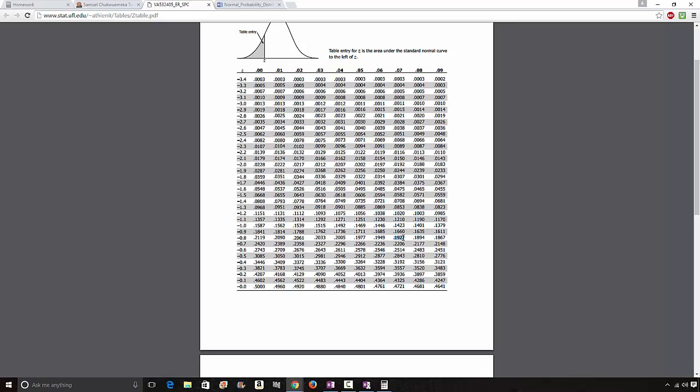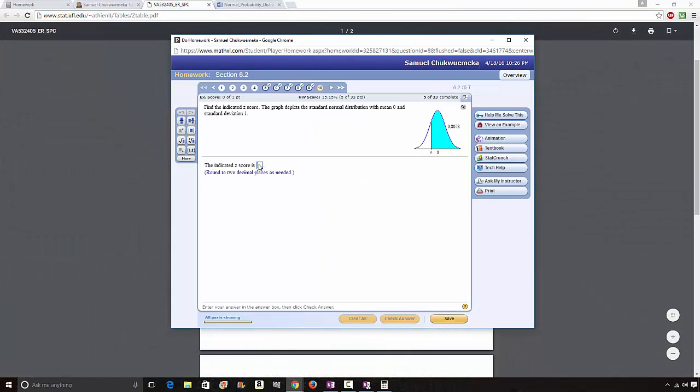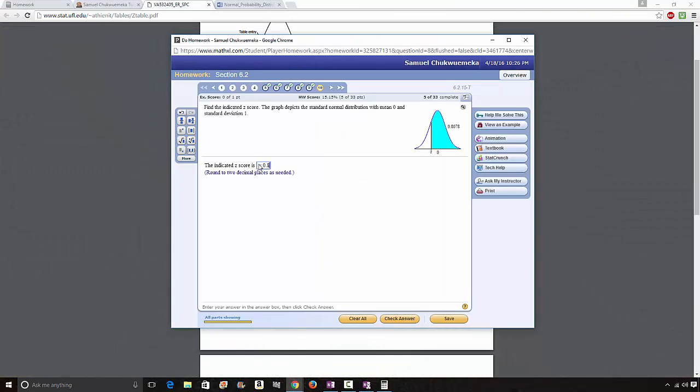There you go. It's right here. So it is negative 0.87. Okay, negative 0.87. That becomes our z-score. Negative 0.87.